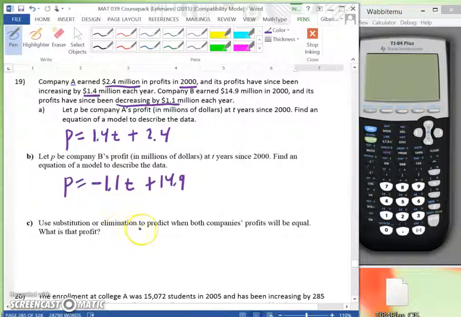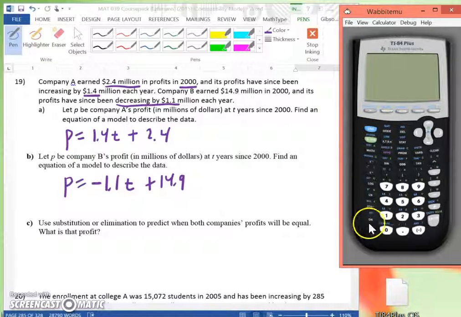Now it says use substitution or elimination to predict when both company profits will be equal. What is that profit? Now for this problem here, you can use your calculator. You don't have to do the substitution method. So what we would do here, we'll go to y equal, because remember, y has just been replaced with p.